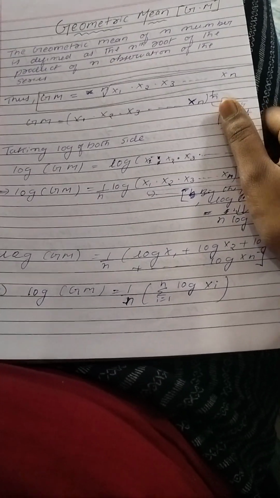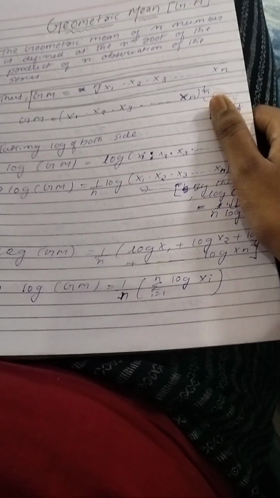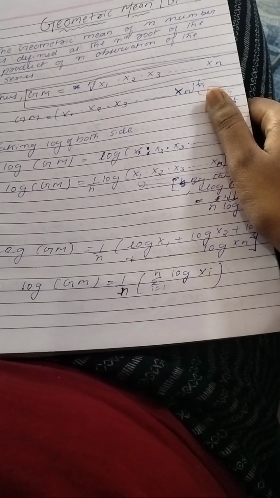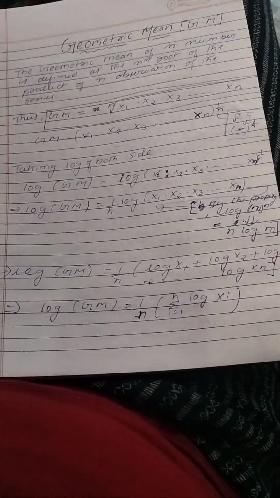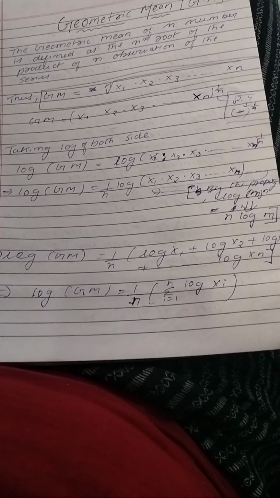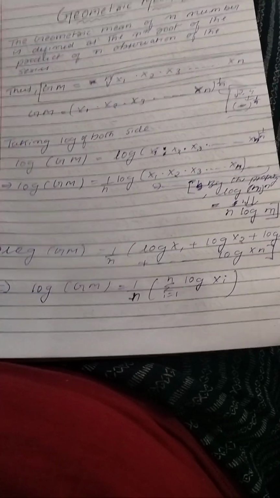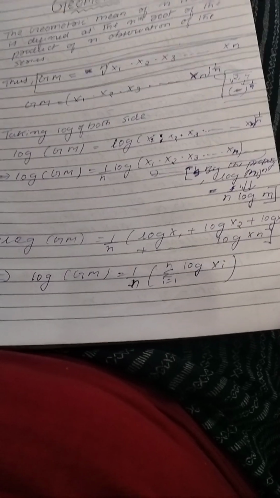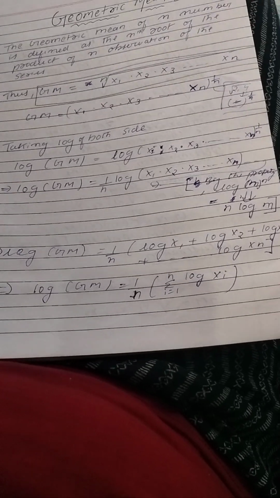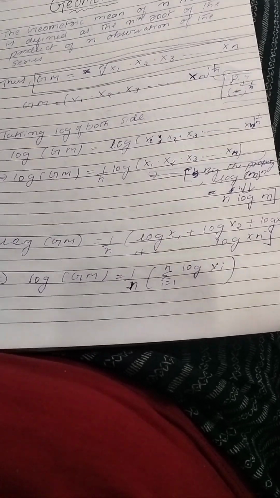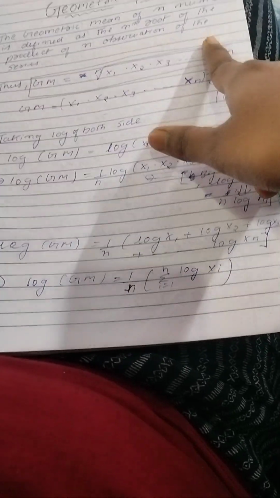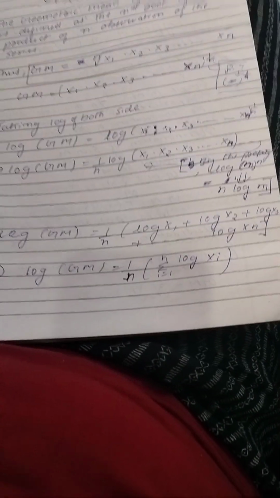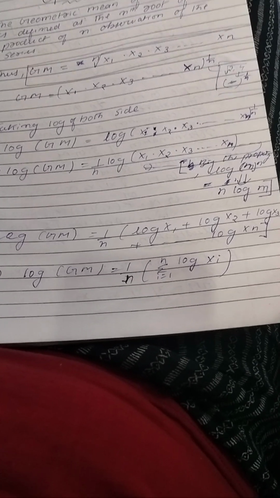So the geometric mean of n numbers is defined as the nth root of the product of n observations of the series. GM is equal to the nth root of x1 into x2 into x3 up to xn. Basically GM is the root of the product of the observations.